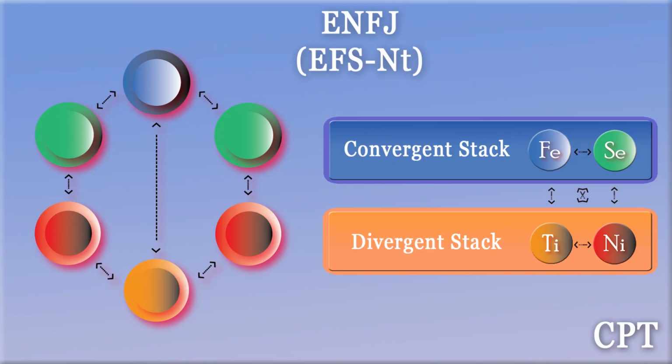And perhaps you lock on very intensely to specific future outcomes and pursue the expertise necessary, refine over time your universal frameworks in order to see that future outcome realized. An outcome oftentimes so connected to a maximization of one's own social utility. Well, you may very well be an ENFJ, known as the EFS-NT within CPT, because the ENFJ has introverted intuition connected to their introverted thinking oppositional function.